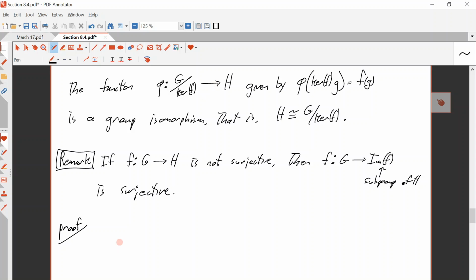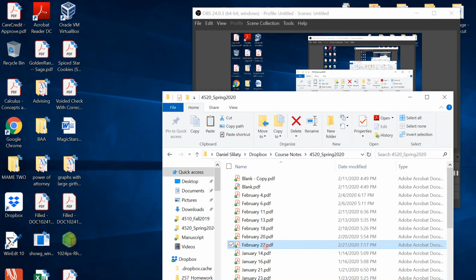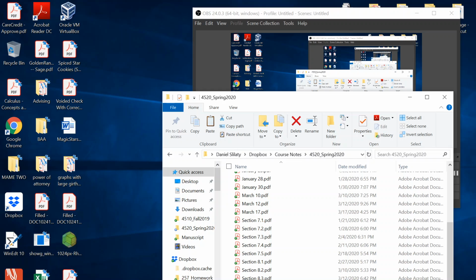Okay, the map phi from G mod kernel F to H given by phi of the right coset. So let's call it K again. I get annoyed when it does that. Where were we? 8.4.